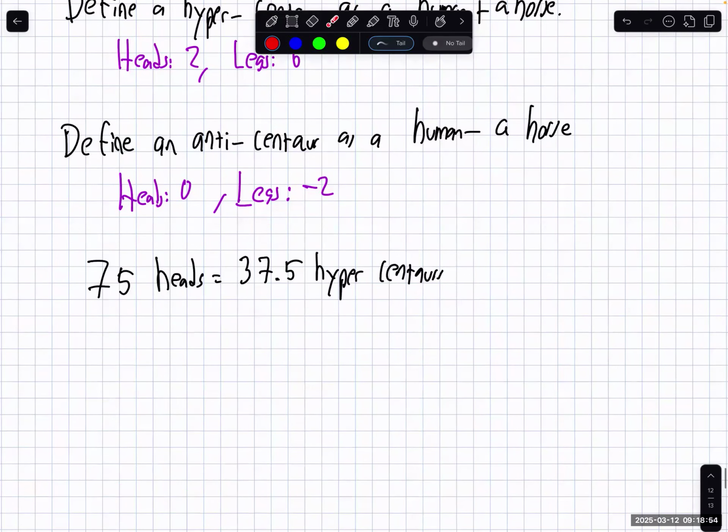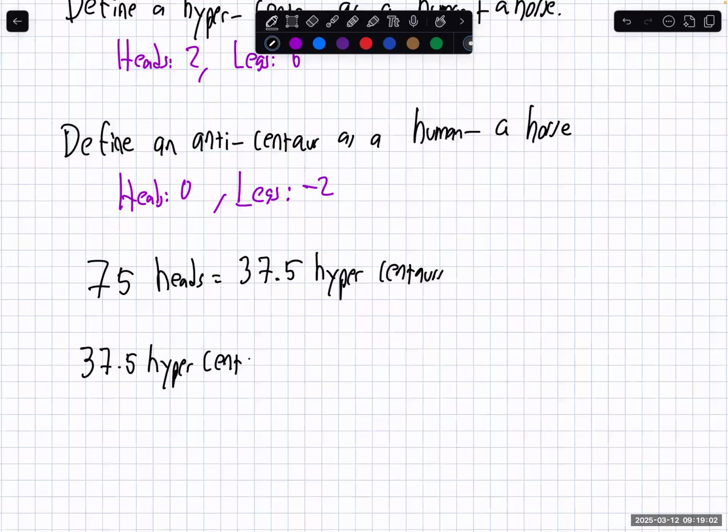And 37.5 hypercentaurs have how many legs?